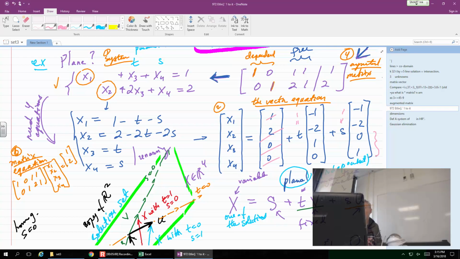If you try to vary t and s, what's going to happen? They cannot cancel each other as long as t and s are not both equal to 0. These two vectors cannot add up to 0 because of those two last entries.